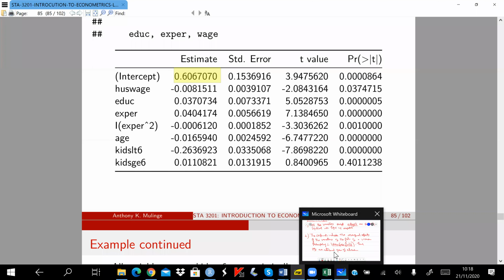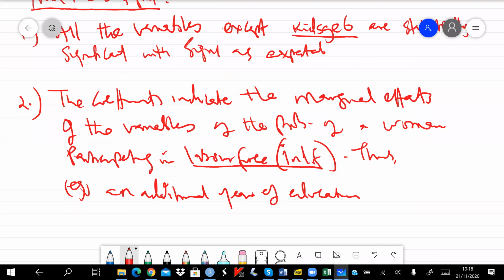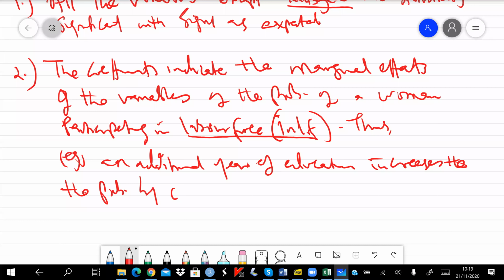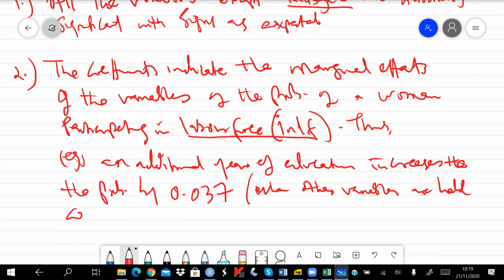Thus we're saying that an additional year of education increases the probability by 0.037 when other variables are held constant. That's a very big increase, huh?